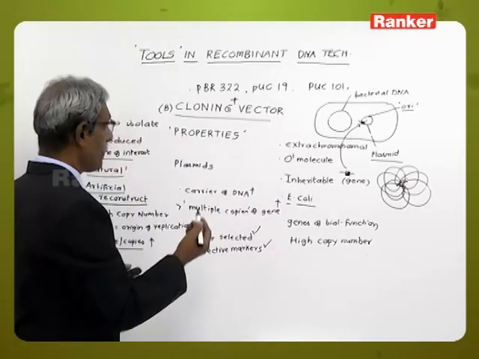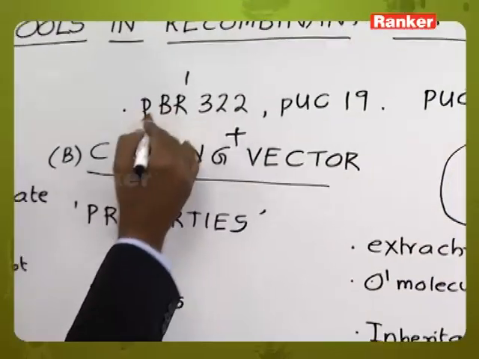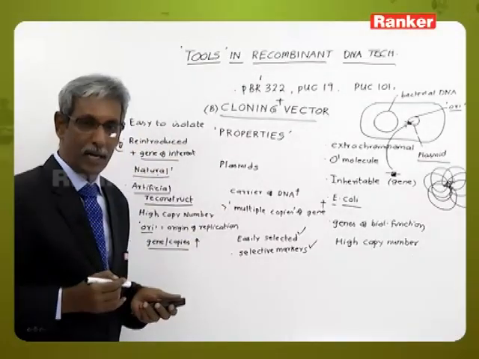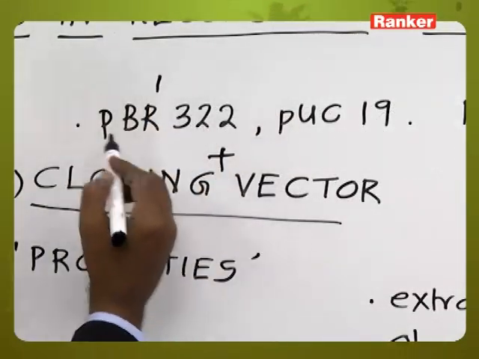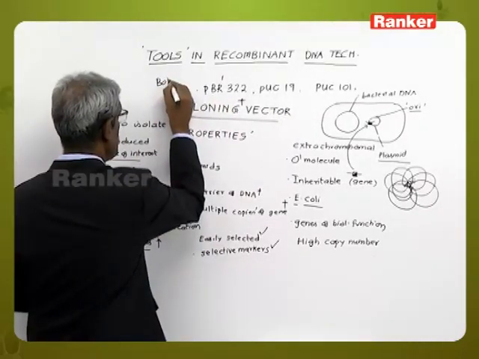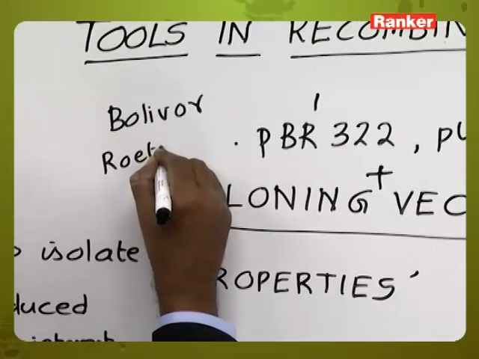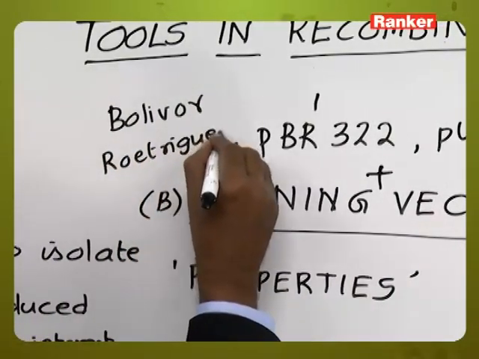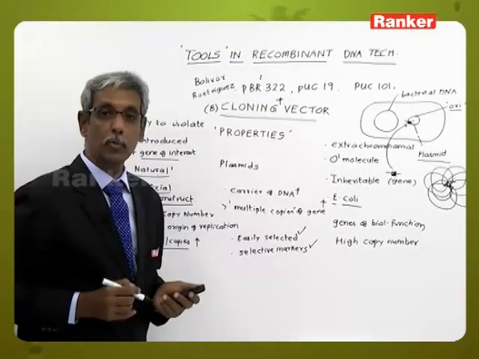Common plasmids which are primarily studied include a plasmid called pBR322, which you will be reading shortly. pBR322 is a plasmid which was discovered by two important scientists, Bolivar and Rodriguez, and they studied the strain called 322.